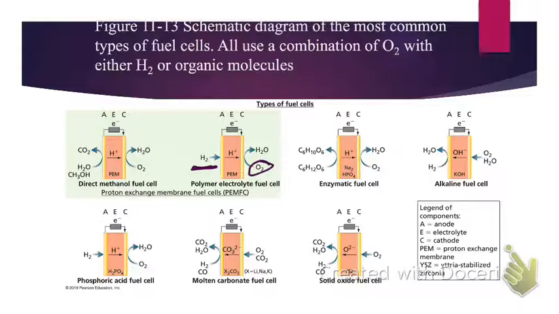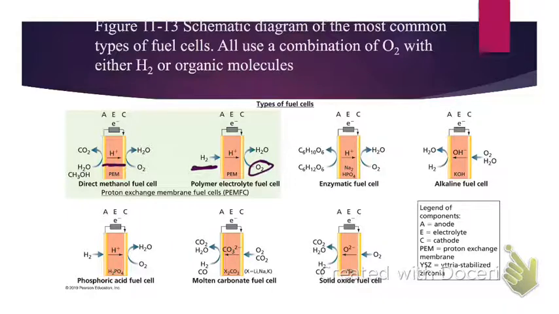The one in green is the most commonly researched right now, with proton exchange membranes, which allow the passage of H+ from the anode to the cathode internally in the cell. But again, there's a lot of research being done on the different types of materials used as the electrolyte that allows the passage of that.